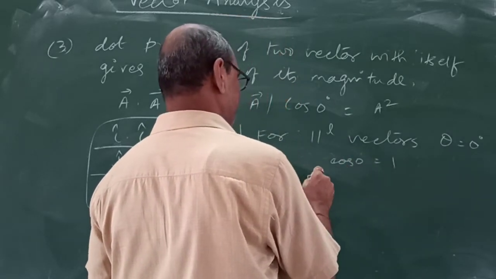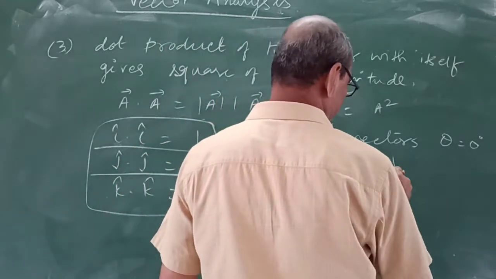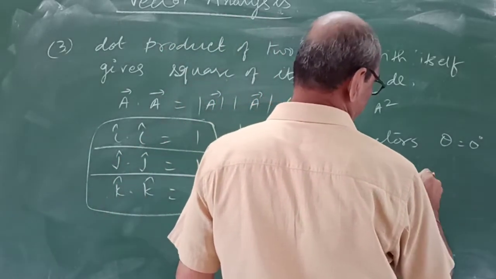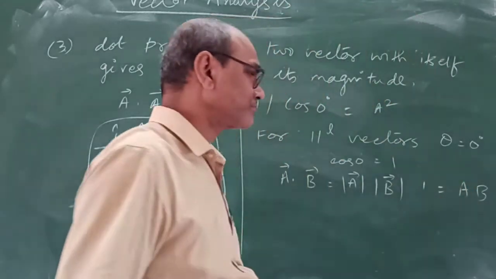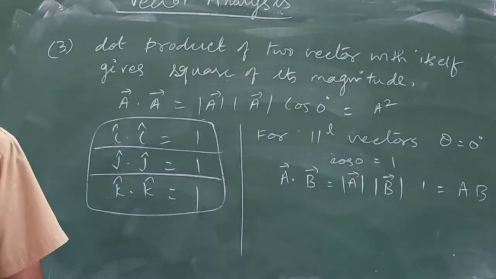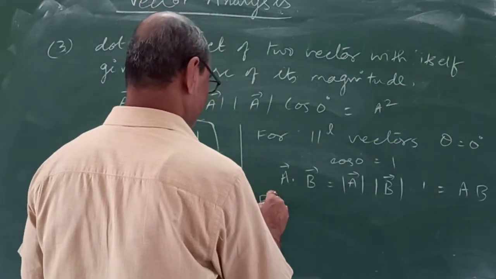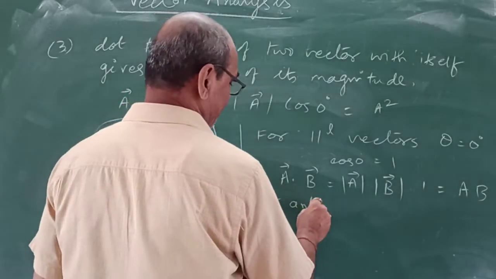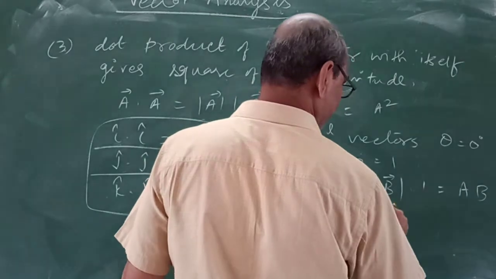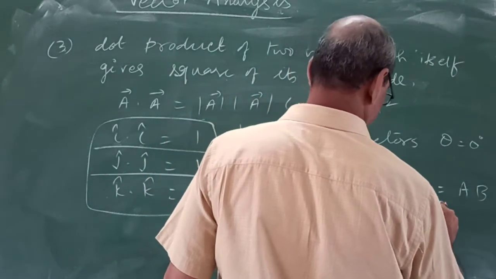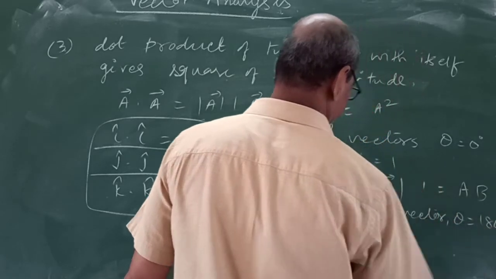Therefore, suppose A and B are parallel to each other. In that case, mod of A into mod of B into 1 is equal to AB. If it is an anti-parallel vector, then for anti-parallel vectors, theta is equal to 180 degree.